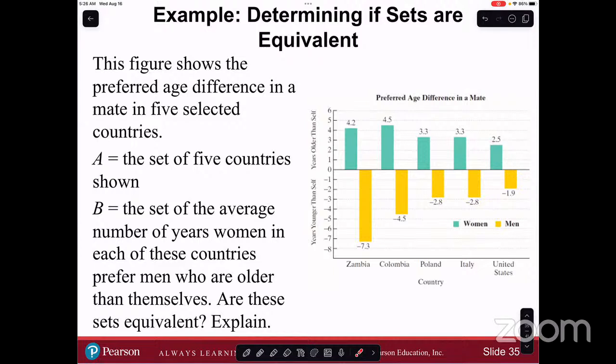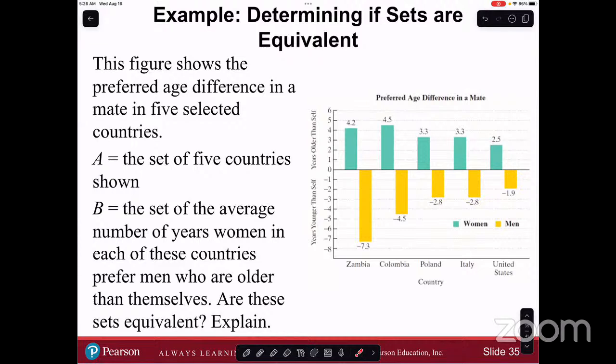One thing we said about cardinality is you count only the distinct elements, right? Even though there are 5 averages, you have a repeat average of 3.3. So we don't have 5 distinct averages. We have 4 distinct averages.